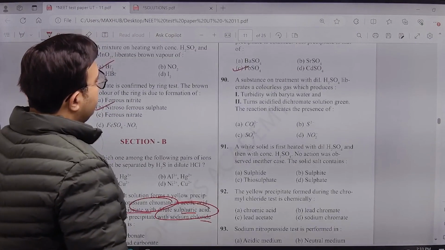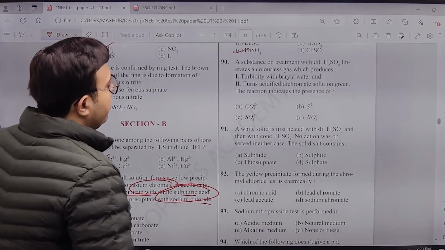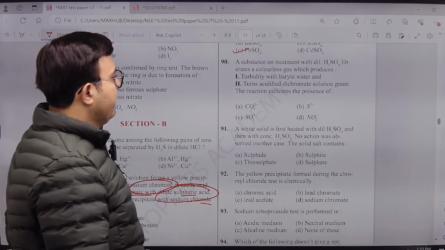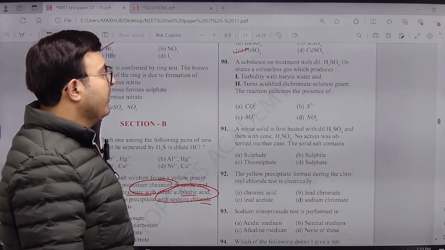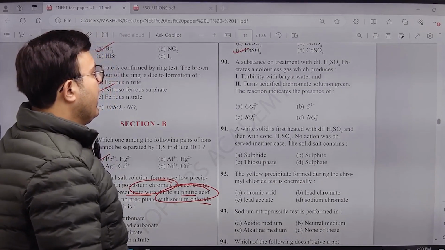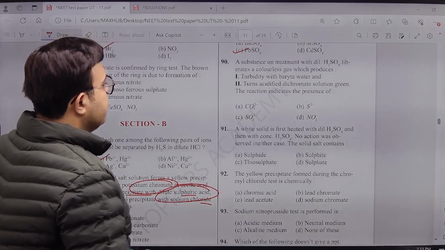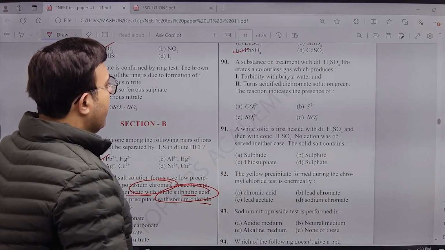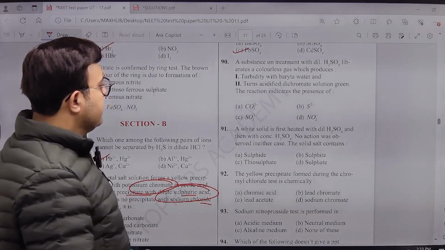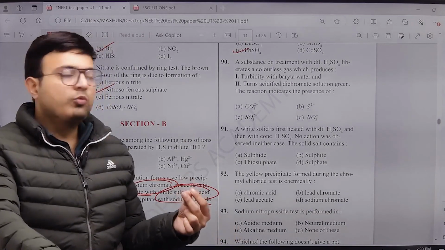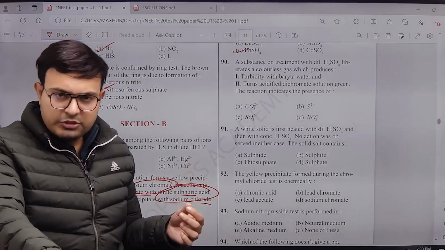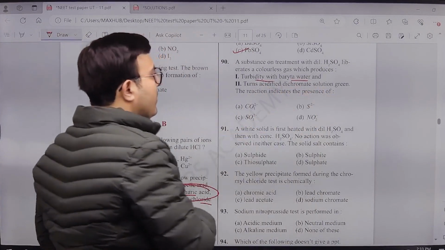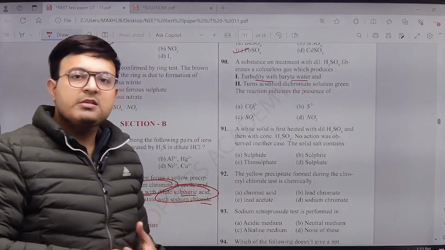We'll go to question number 90. A substance on treatment with dilute H2SO4 liberates a colorless gas which produces turbidity with Baryta water and turns acidified dichromate solution green. The reaction indicates the presence of. Two different inferences are given in this question. They are saying that it gives turbidity with Baryta water. So what is Baryta water? It is barium hydroxide.